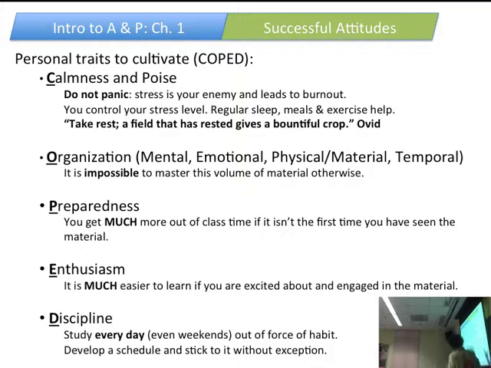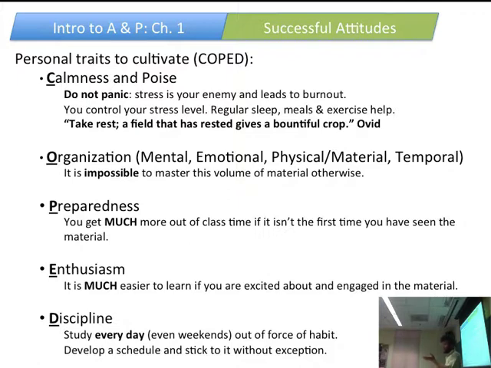So these are some personal traits: calmness, poise. For example, you are a physician in an emergency room, and somebody is bleeding out, and there is a family freaking out in the room. There are nurses bumping into themselves, not knowing what to do because they've lost their composure.